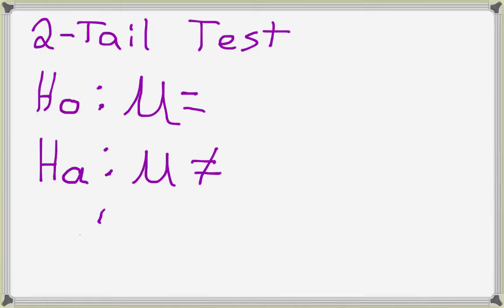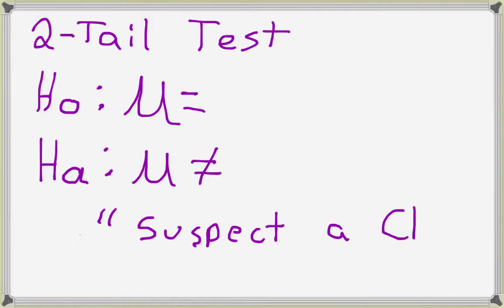Now, a two-tail test, most often you'll see you suspect a claim. Now, if it doesn't state whether you think it's higher or lower, it doesn't give any direction, you have to run a two-tail test. So this is kind of like no direction.